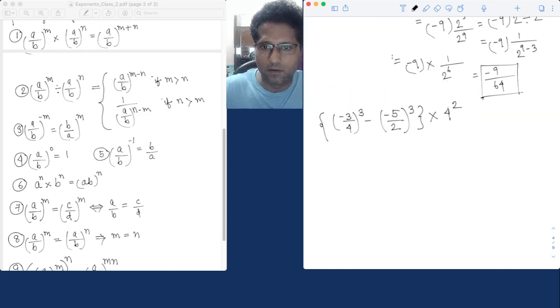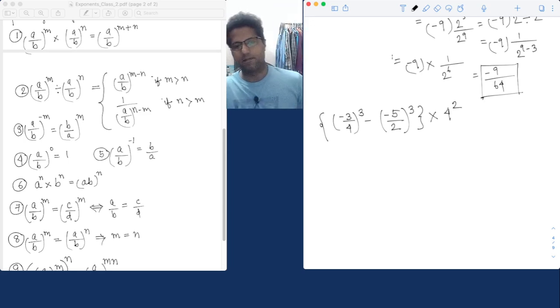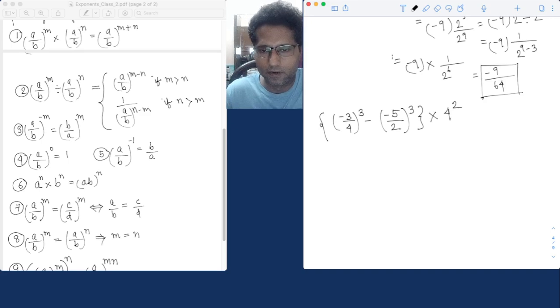So we have a subtraction of two exponents, the first part, multiplied by 4 square. We have to evaluate both the exponents, that is the cube inside the third bracket, inside the second bracket, that is the curly brace, evaluate the powers and then do the subtraction, and then finally do the multiplication with 4 square. So we have to do it step by step.